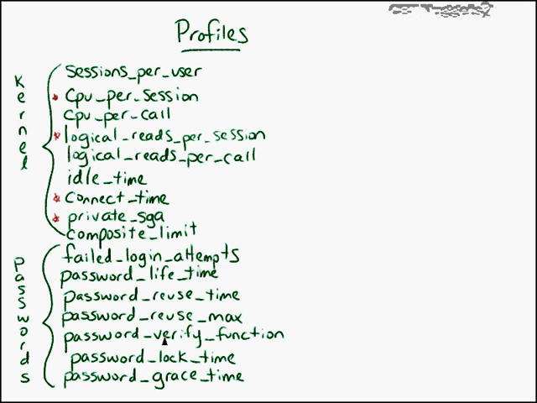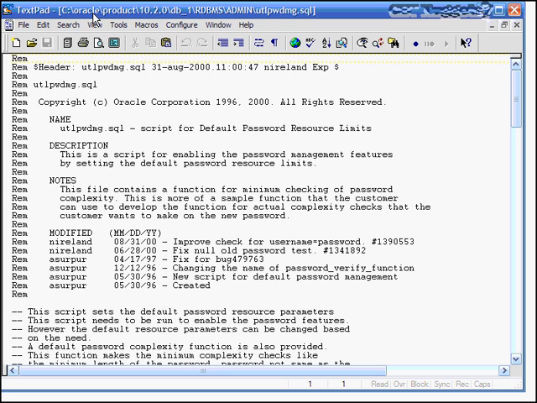To utilize the password verify function, all you need to do is run a script that Oracle provides, and if you want to tweak it any, you can. So let's take a look at that script and see what's inside of it. You see here that I'm in my Oracle Home, RDBMS, admin, utlpwdmg.sql. That's the built-in script.